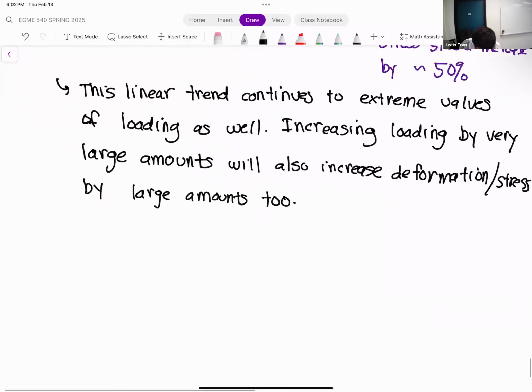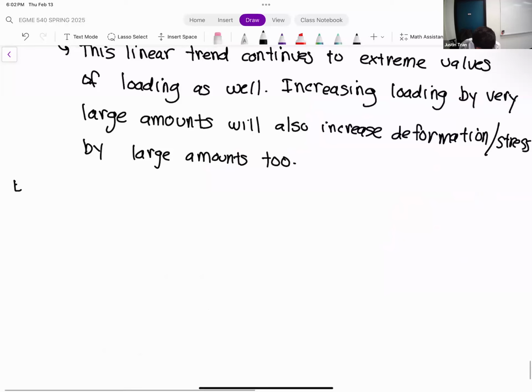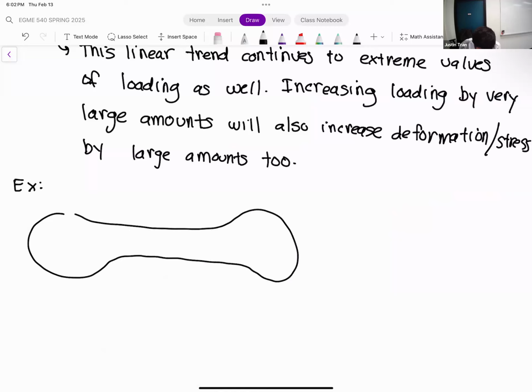So let's take our bike crank again. Let's see if we can draw it better this time. Kind of looks like, okay. So let's say we go crazy, right? So we've run the simulation where the loading is 100 pounds.